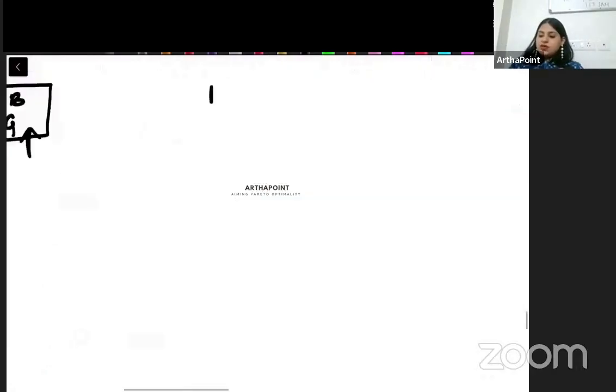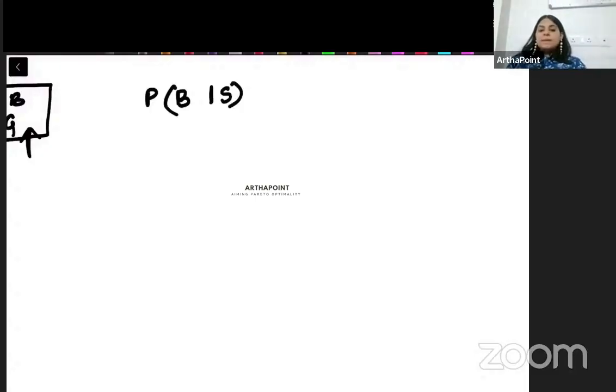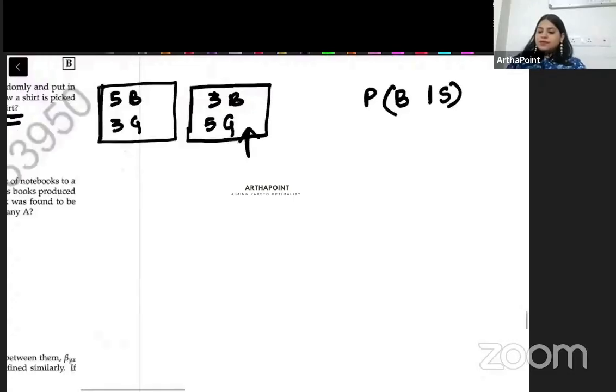So given it is the second box, I need to find the probability of it being black. Okay. Now just think about it, understand very carefully. See, I could have transferred a black shirt here.